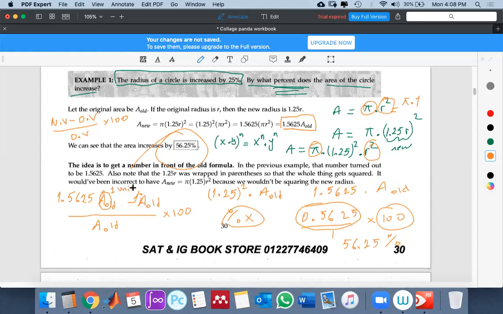So 1.5625 times 1, minus 1, what will it be? 1.0000, it will be 0.5625. Okay? Okay, sir.